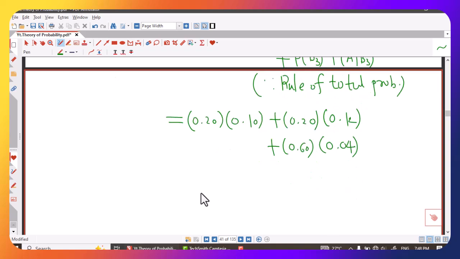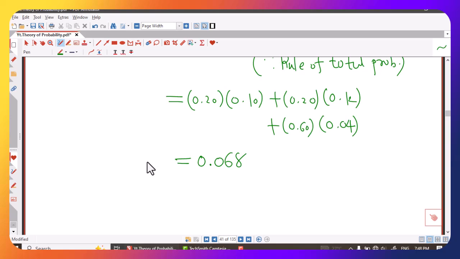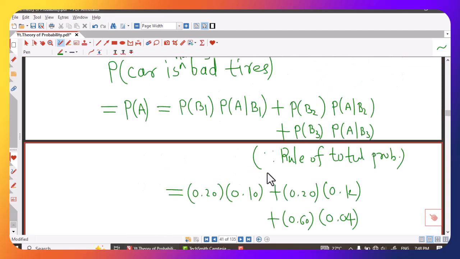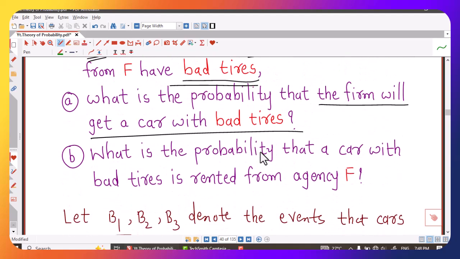By doing calculations with a scientific calculator, I find that this probability is 0.068 up to 3 decimal places. So the probability that a car has bad tires is 0.068. This is the first part, which we have answered using the total probability rule.